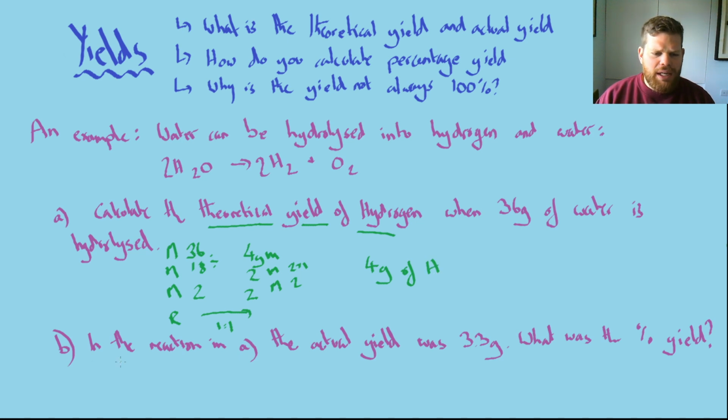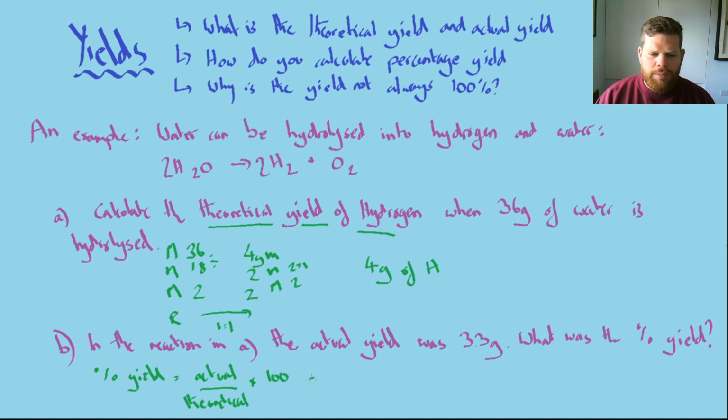Part B: in the reaction in A, the actual yield is 3.3 grams. What is the percentage yield? So this is where I use that calculation of percentage yield equaling the actual yield divided by the theoretical yield multiplied by 100.